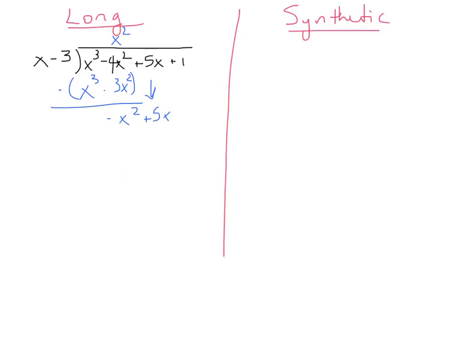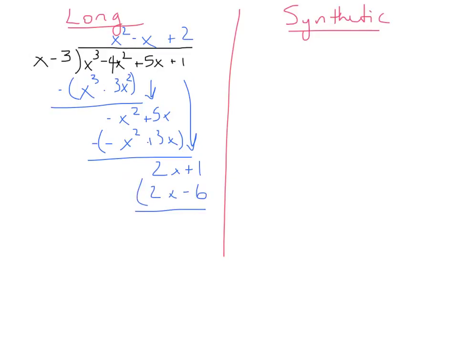And I multiply x by negative x to get the negative x squared, and I'll get negative x squared plus 3x. I subtract, and I get 2x. Bring down the 1, and I'm going to multiply x by 2 to get to 2x, so plus 2. I'll get 2x minus 6.